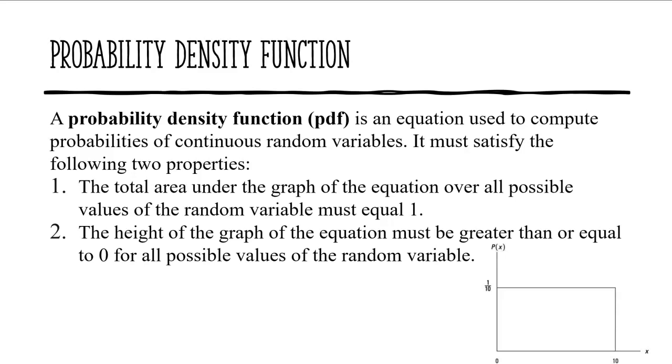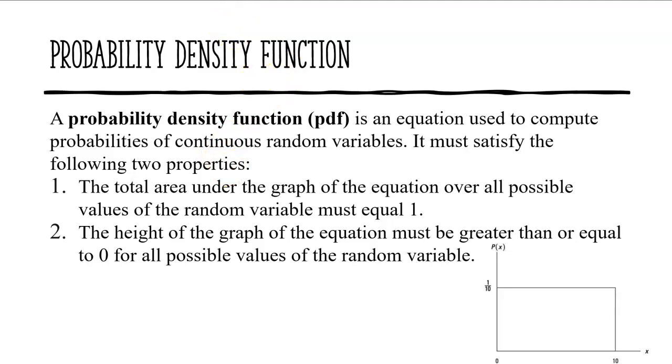And 2, the height of the graph of the equation must be greater than or equal to 0 for all possible values of the random variable. So this axis here, P of X, represents the probability. And remember, your probability has to be between 0 and 1. And so this second one is saying that the height should be bigger than 0 because the probability should be bigger than 0. Well, the probability could also equal 0, but for this one, it needs to be bigger than 0 because the sum of the probabilities has to be 1, remember?